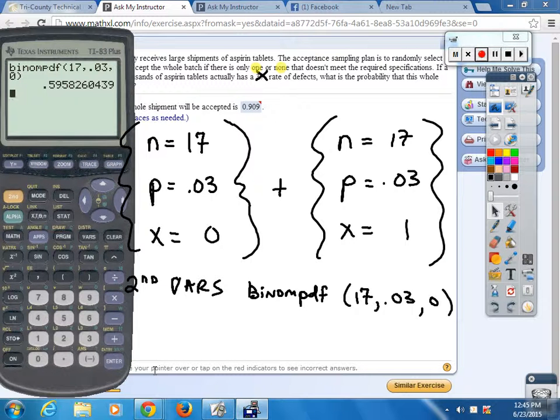There's that one. So I'm going to store that, and I'm going to say alpha F, call it first. Then second entry, and then type in 1, and store, alpha S for second number.